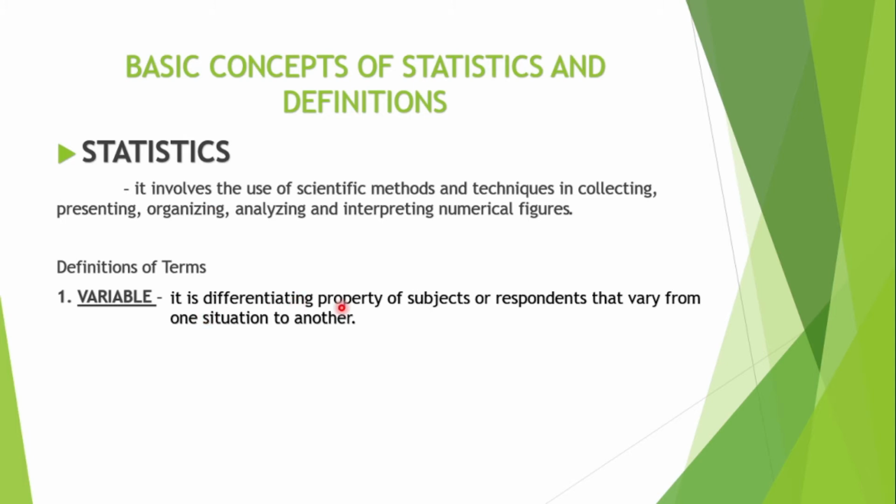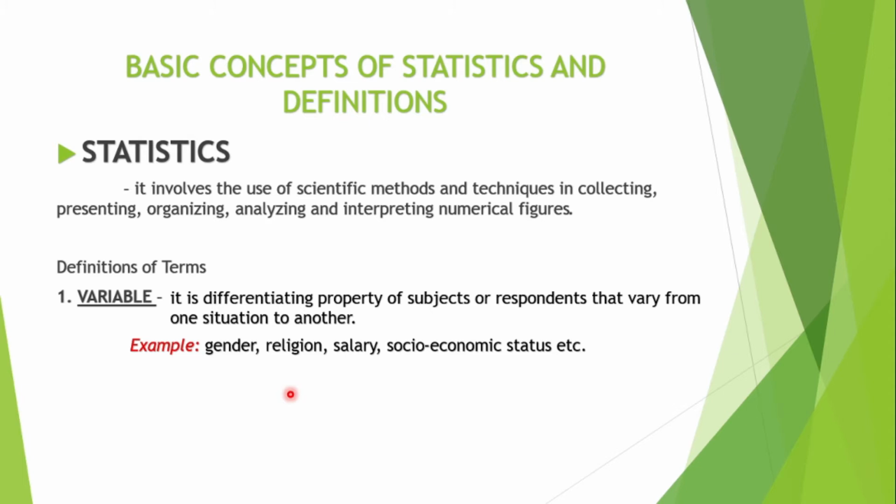A variable is a differentiating property of subjects or respondents that varies from one situation to another. Examples of variables are gender, male and female, religion, salary, socioeconomic status. So this variable actually differentiates the property of subjects or respondents.